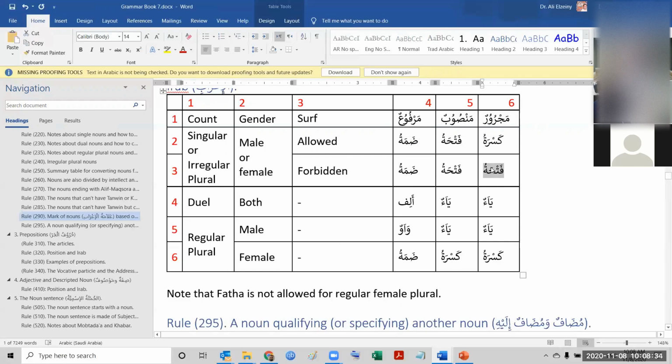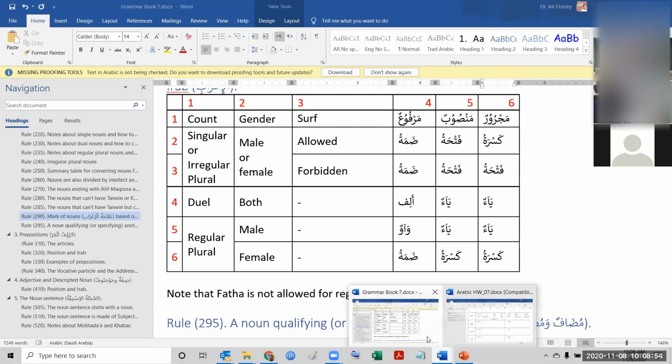Am I looking at the right one? No, I'm not looking at the right one, guys. You should have corrected me. We said صرف is allowed. So it's ضمة for مرفوع, فتحة for منصوب, كسرة for مجرور.